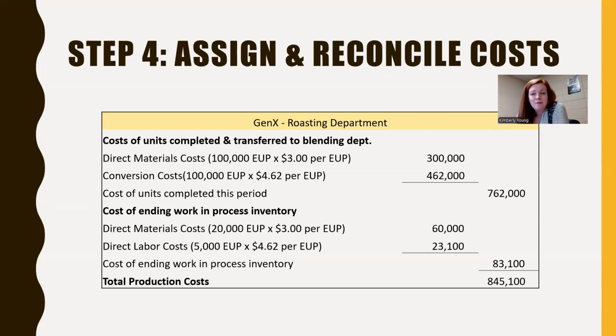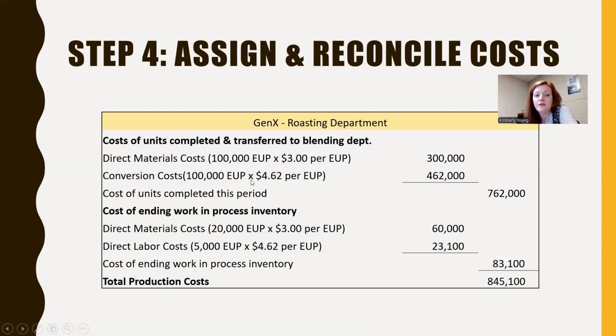All right, last step, we'll finish here. This is where we assign those costs and reconcile them to make sure the costs are correct. So the cost of the units that were completed and transferred out, we were 100% done with them. For direct materials, it was 100,000 units that we completed times $3 that we figured out in step 3. So we spent 300,000 on direct materials.